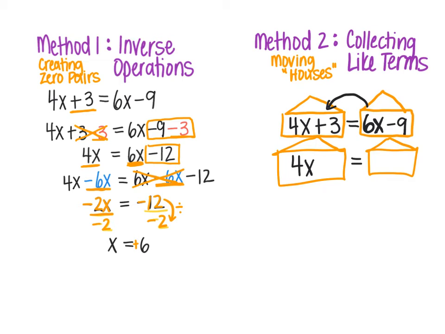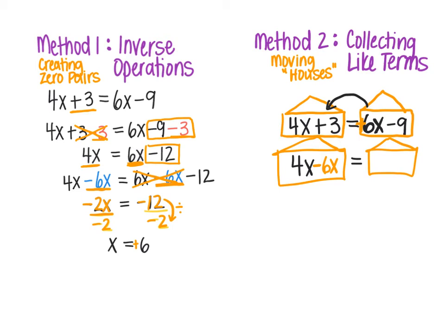So just like if you were ever going to move houses, in your move you would have to change your address. So this 6x living in this house is a positive, but if it moves across into the other house, it's going to have to change its address into a negative. So basically what we've shown here is that if a term moves from one side of the equation to another side, it has to change its sign.